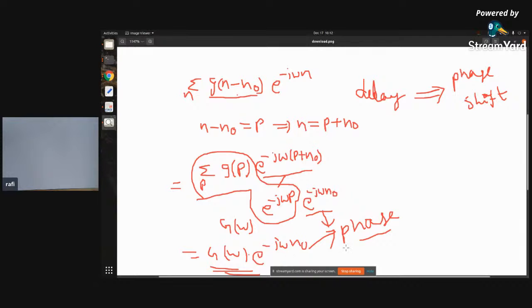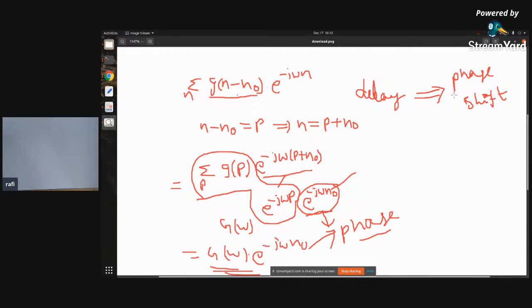In general, the phase will get modified by this factor, which depends entirely on the delay n naught. Omega is anyway a frequency varying from minus pi to pi.